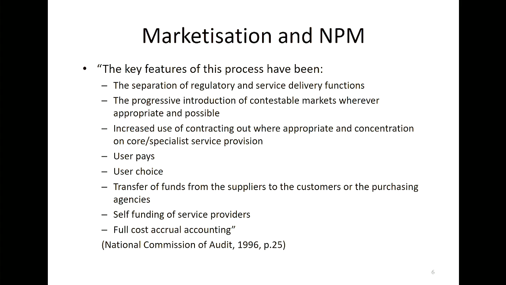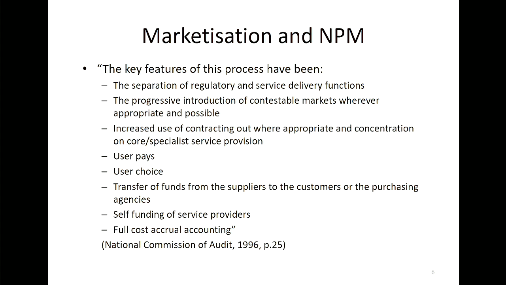User pays. This is a user charging system, so even for government agencies using other government services, they still charge other agencies for using them. This is basically a commercial concept of charging the buyers. User choice provides more choice to the users through market competition, and there is a transfer of funds from suppliers to customers, or the purchasing agencies.